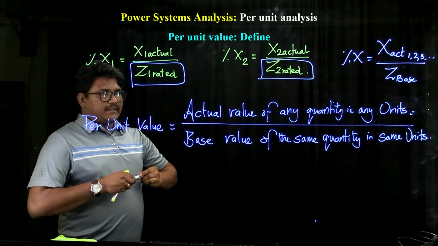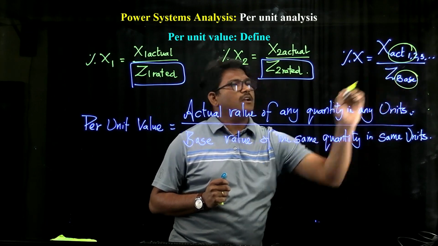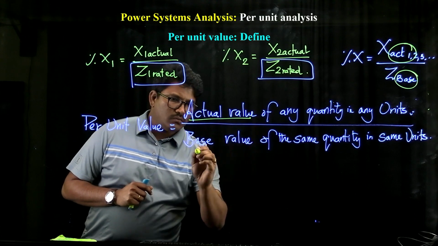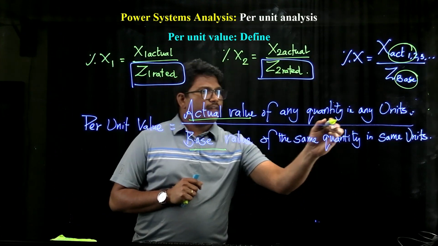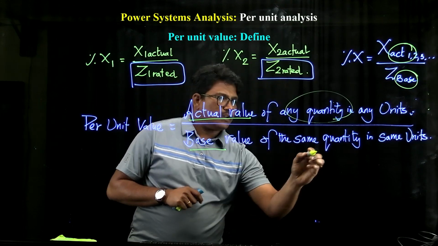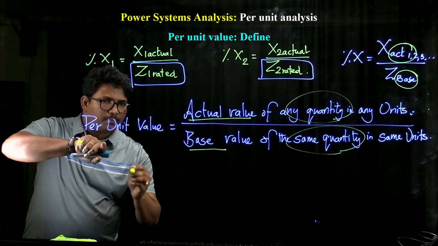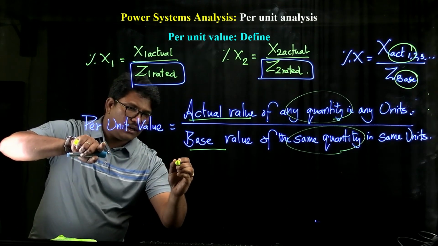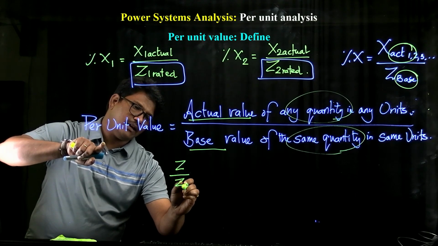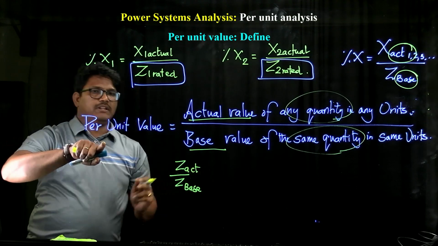So what do we mean by that? Here we understand this is actual value by base value. Now what do you mean by actual value, base value? That is fine, of any quantity in the numerator, but you say the same quantity here. What is the meaning of that? If you are getting the per unit value of impedance, then you should have your base value of the impedance. This is the actual value and this should be the base value.